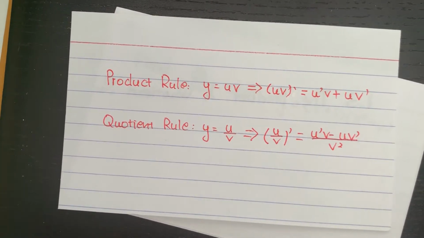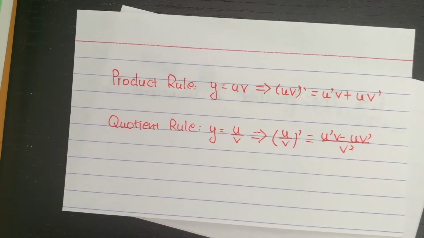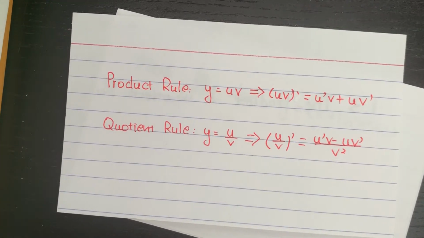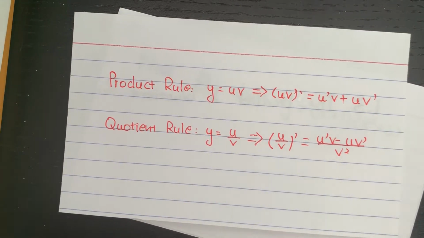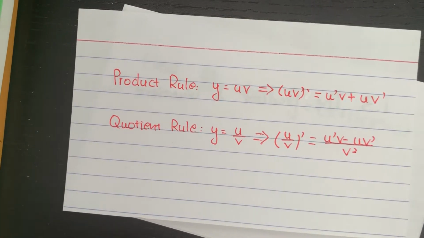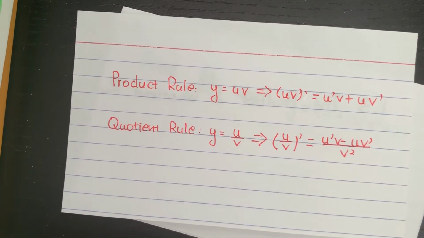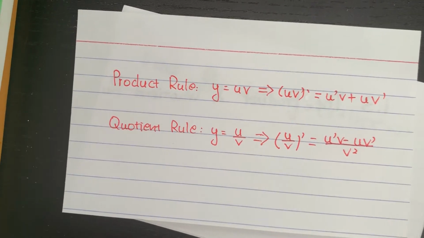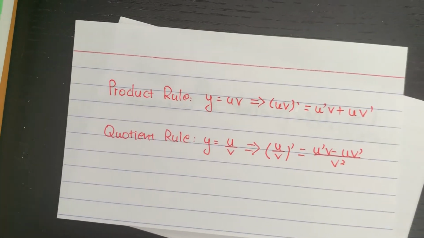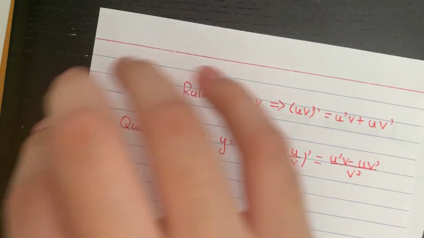And the quotient rule is when one function is divided by another one and you have to differentiate the quotient of these two functions, you're going to use u prime v minus uv prime divided by v squared. Again, this formula doesn't mean anything. The importance is we have to know how to use them. So we are going to jump into our problems today.